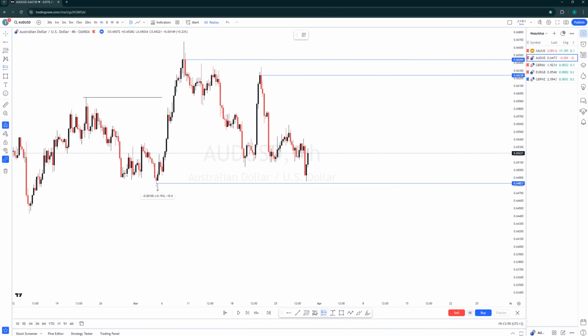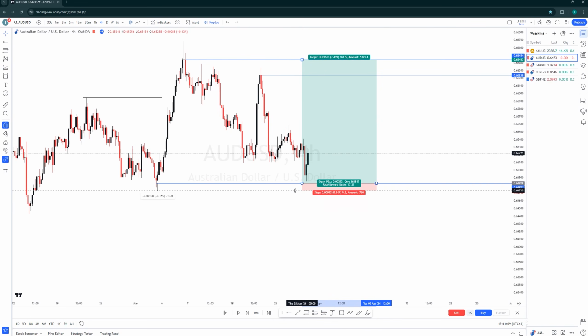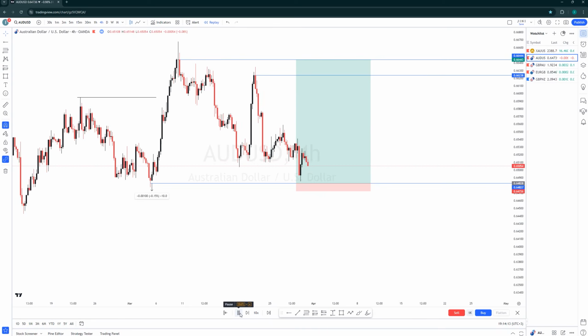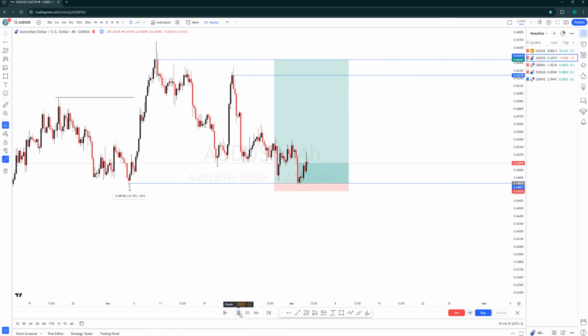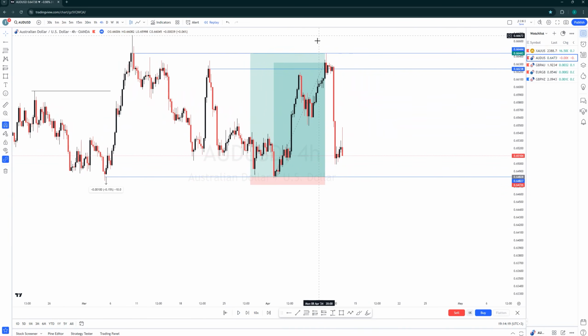Let's see how many pips we will have if the market hit our last take profit. We will have 161 pips. So the market reacted and then also tapped our take profit, as you can see.